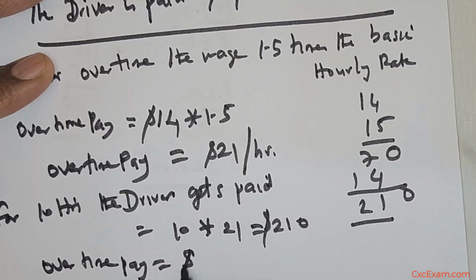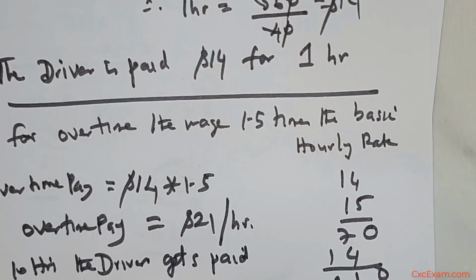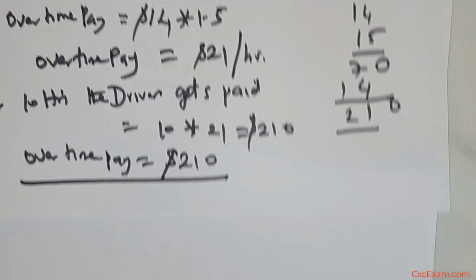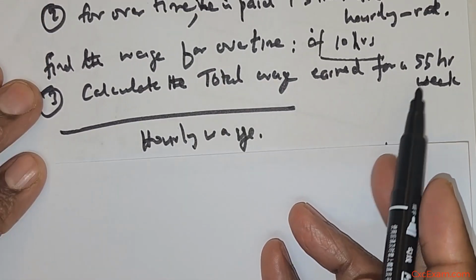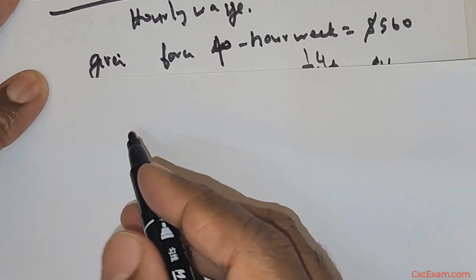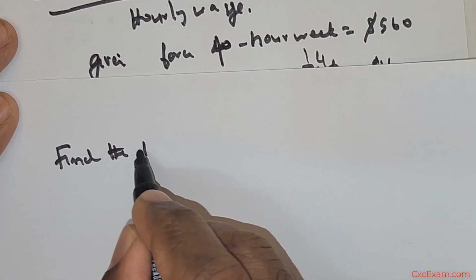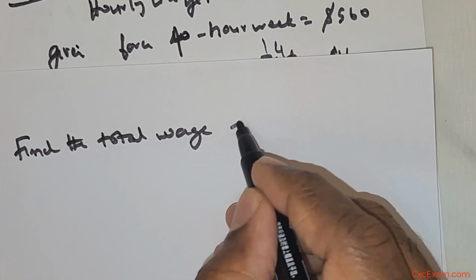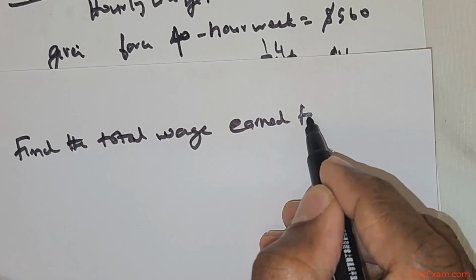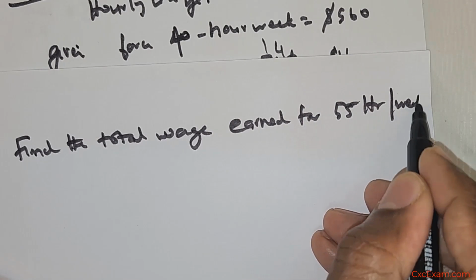Overtime pay is equal to $210. So I hope you're able to watch that. Okay, now moving on. Now we are asked to find the total wage earned for 55 hours a week.